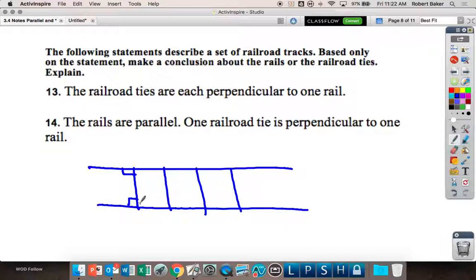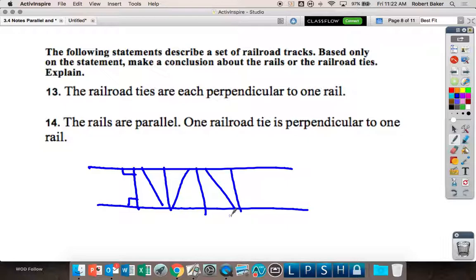They're all perpendicular. That is the most ambiguous answer I've ever heard in my entire life. The railroad ties are parallel. Does that make sense? Yeah. Rails are parallel. Can you say anything else?